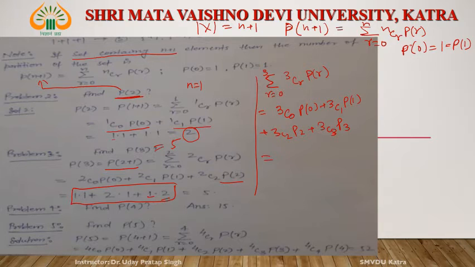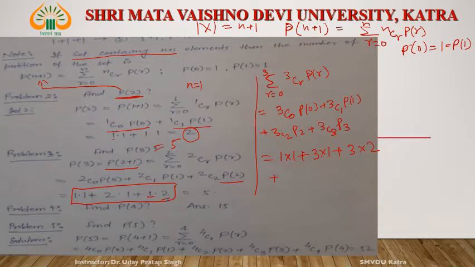What is 3C0? 1. What is P0? 1. What is 3C1? 3. What is P1? 1. What is 3C2? 3. What is P2? P2 is 2, right?